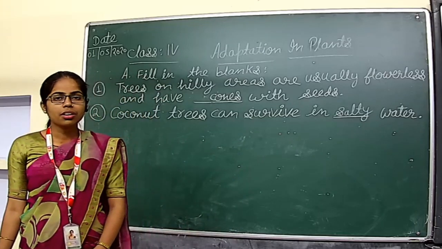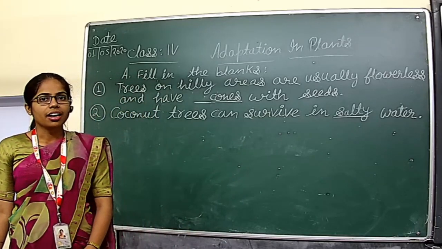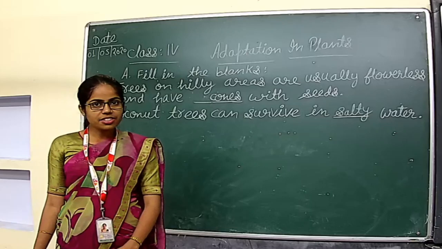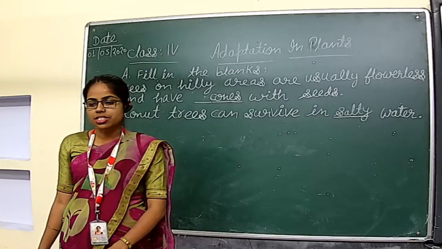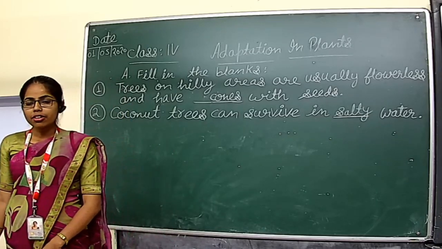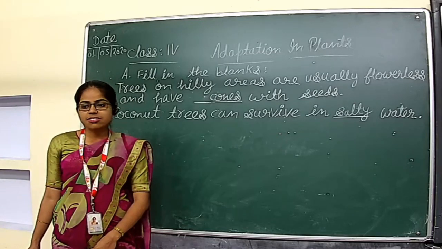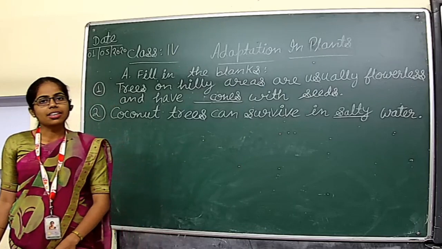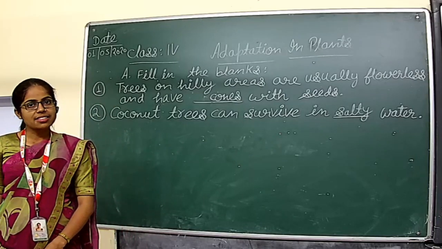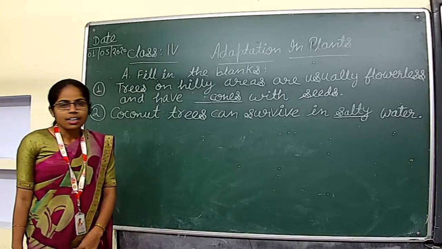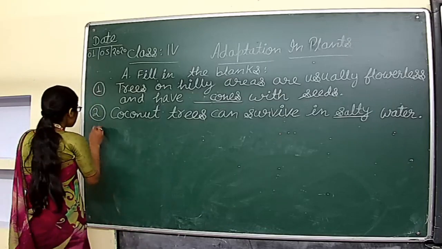Now, moving on to the next question, let's read. What is the question? The main food making organ in a cactus plant is green dash stem. Let's see the question. Third question.